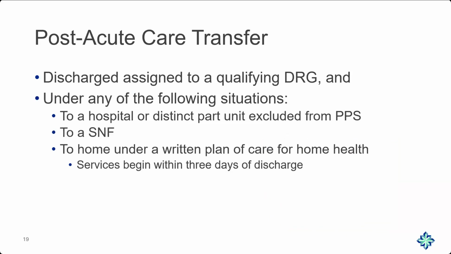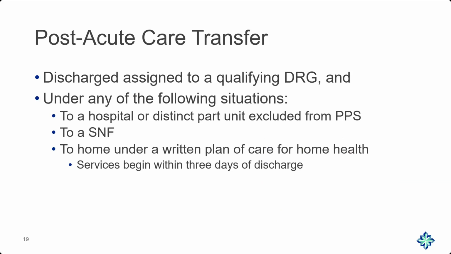The Medicare post-acute care transfer policy dictates that when a patient is grouped to a certain MS-DRG, discharged from an acute care hospital and transferred to a post-acute care setting like a skilled nursing facility, inpatient rehab, or long-term care, let's say, the hospital may not receive the full DRG payment.